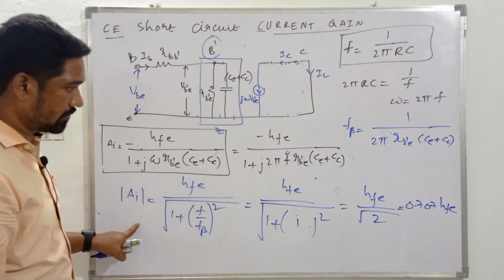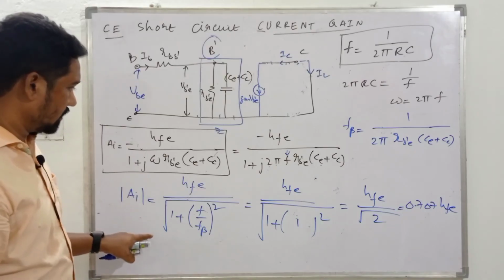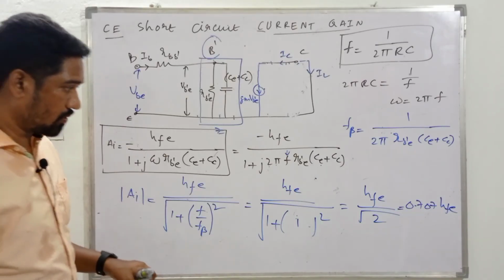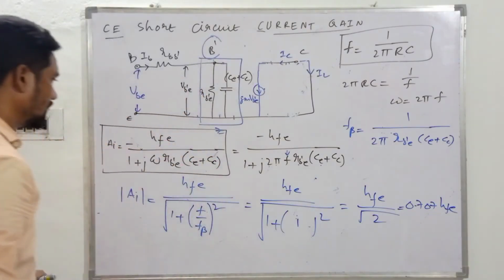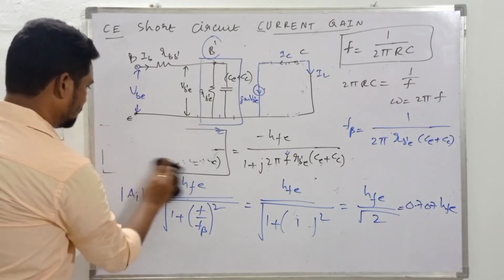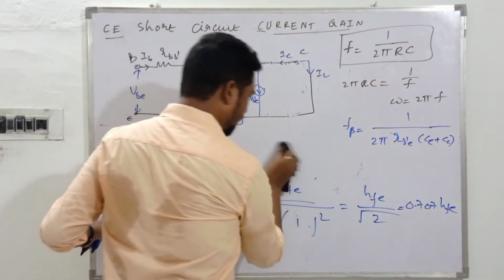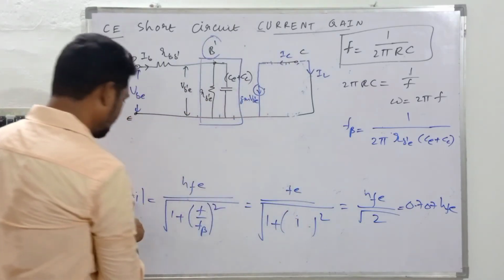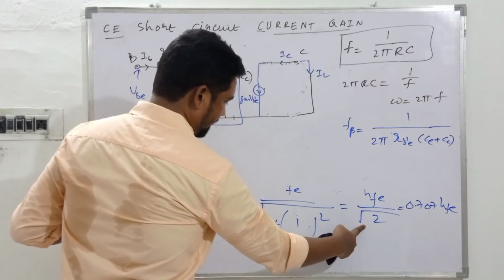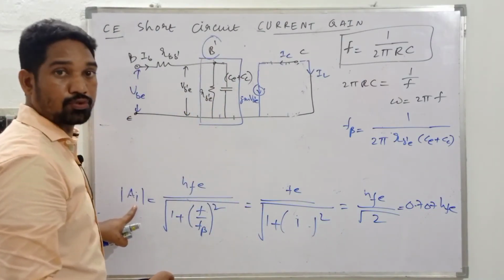This has to be proved, okay? AI is equal to this one, and we should go in search of another frequency. Not only f beta, we have to evaluate another frequency. F beta is the frequency at which AI is reduced to 1 by root 2 times. And we have another frequency, that frequency which makes the current gain equal to unity.